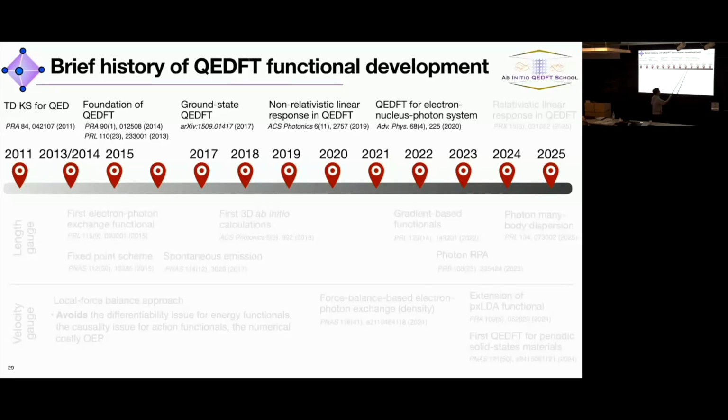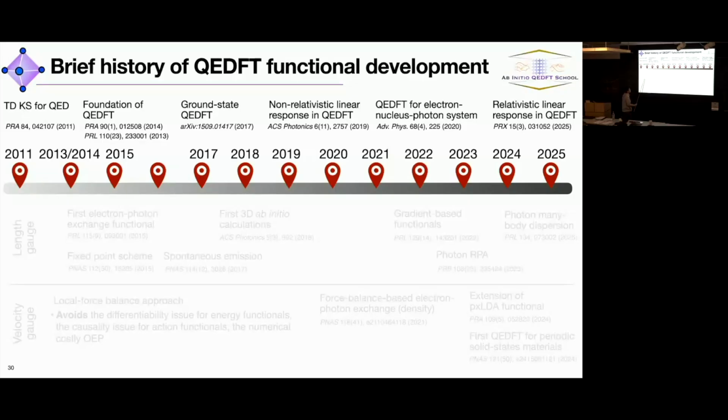In 2020, they generalized this approach to an electron, nuclear, and photon system. And in 2025, also from Angel's previous group, we have a relativistic linear response in QEDFT. Okay, so this is a general theory development.